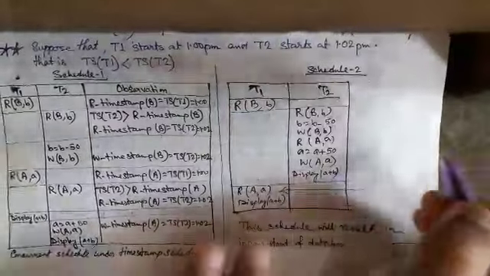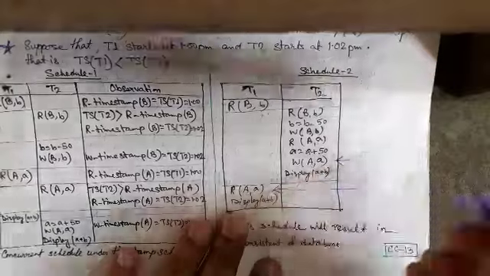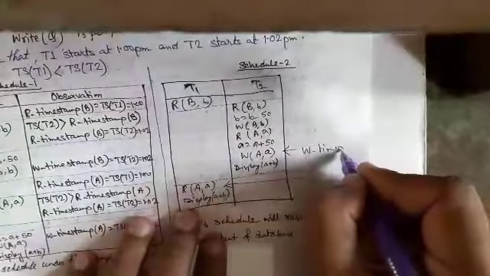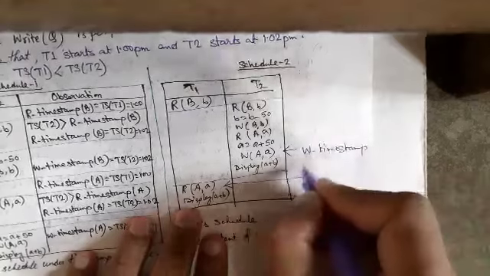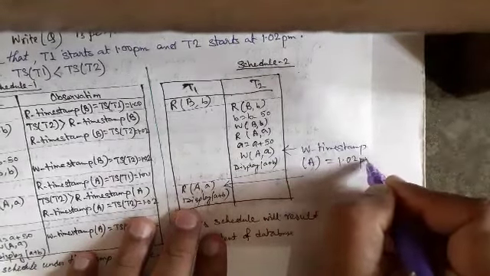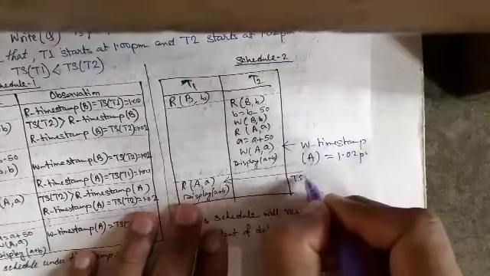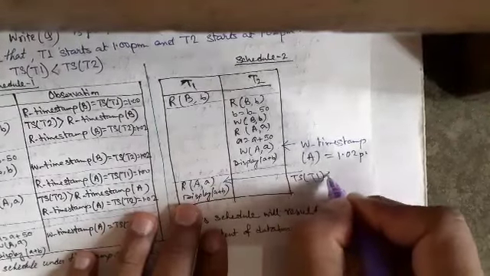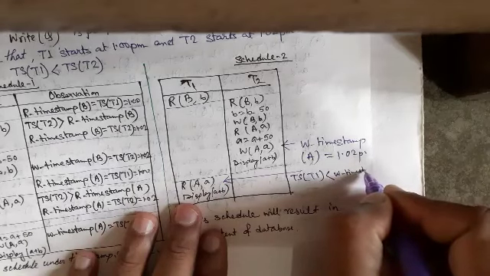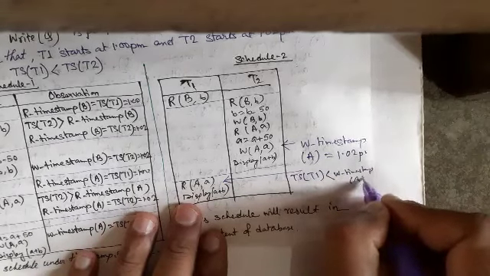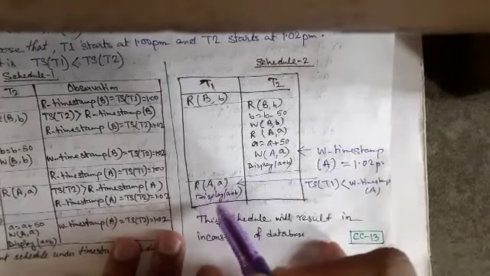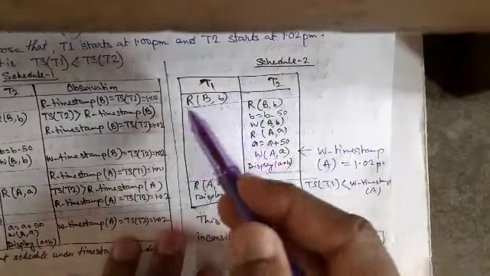Here the write timestamp of A will be 1.02 pm. Now the timestamp of T1 is less than the write timestamp of A. Therefore, this read operation is rejected and the transaction T1 is rolled back.